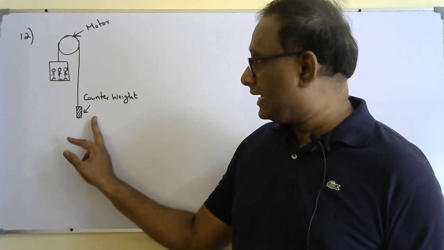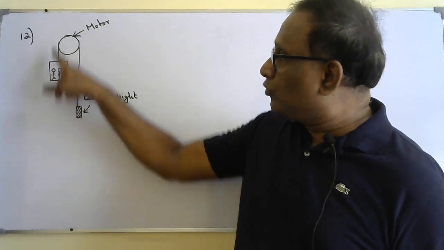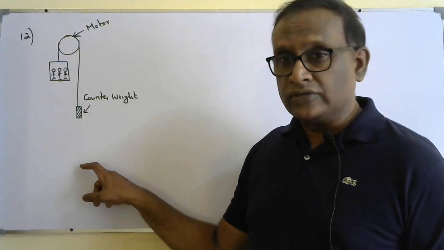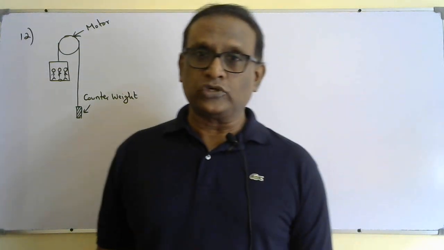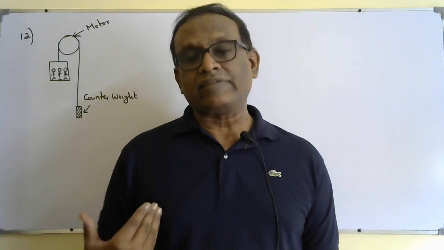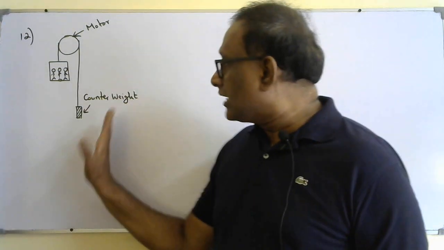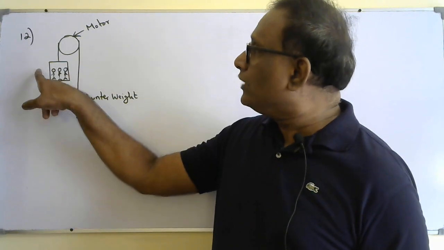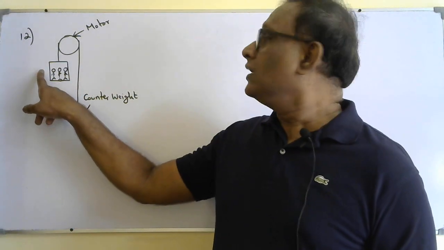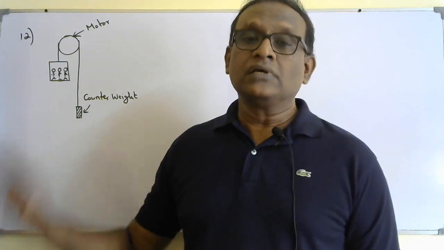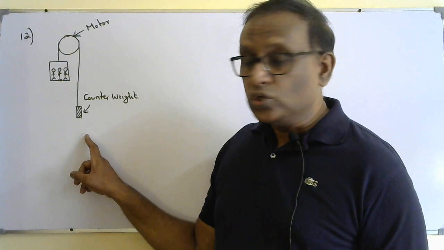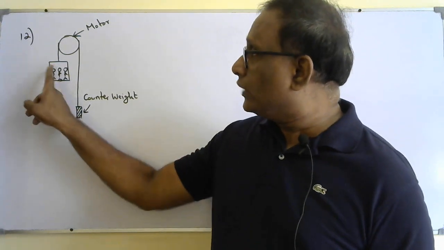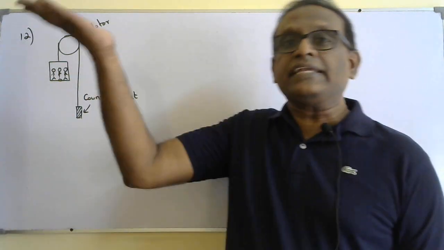So when the lift moves up, the counterweight will go down, is it? So when the counterweight moves down, it's losing gravitational potential energy. Because of losing gravitational potential energy, the counterweight is also doing work on the lift to lift it up.